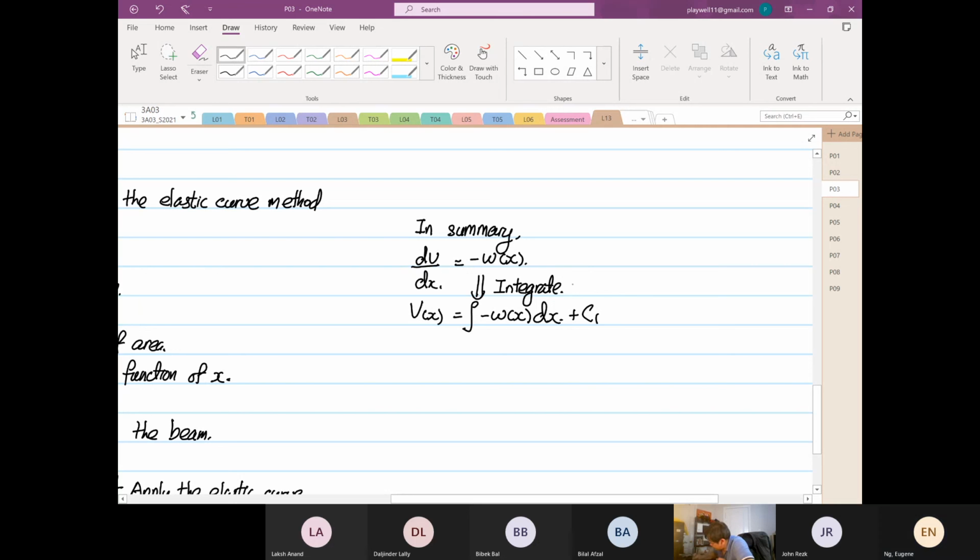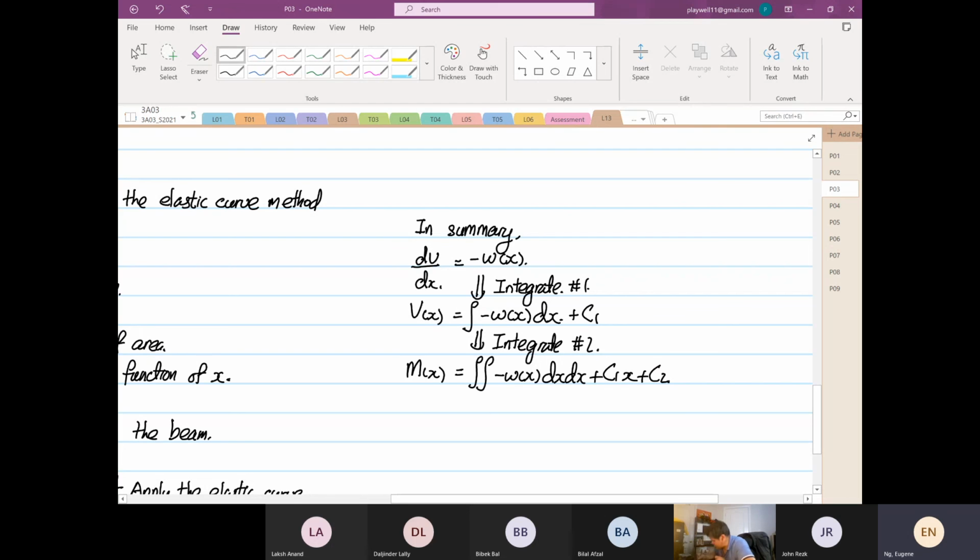So that is integration number 1. And then you integrate the 2nd time. You get moment as a function of x, equal to minus omega as a function of x dx plus C1x plus C2.